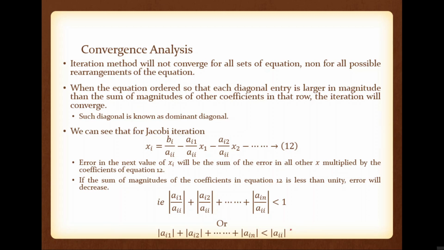Please note down this equation: if magnitude of ai1 plus magnitude of ai2 plus etc. plus magnitude of ain is less than magnitude of aii, then the given system is converging.